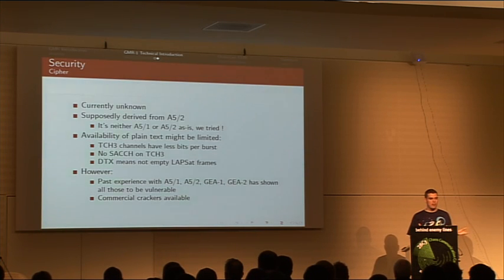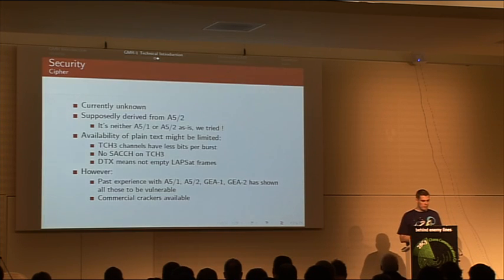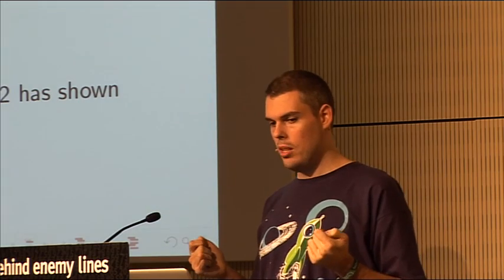That was basically a channel that kept repeating the same thing over and over again. That channel doesn't exist here, so no way to use that. And finally, the actual channel bursts have a lot fewer bits per burst, meaning that even if you have known plain text, you have less of it per burst that you can exploit.